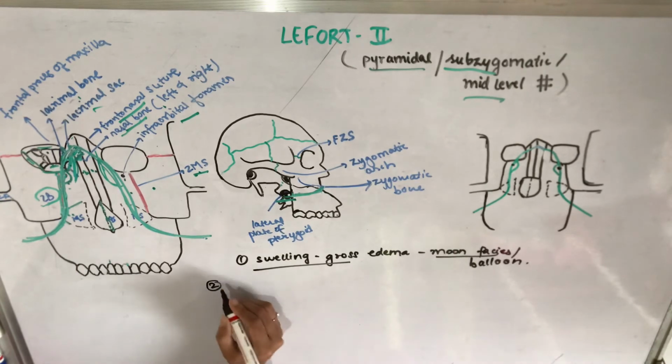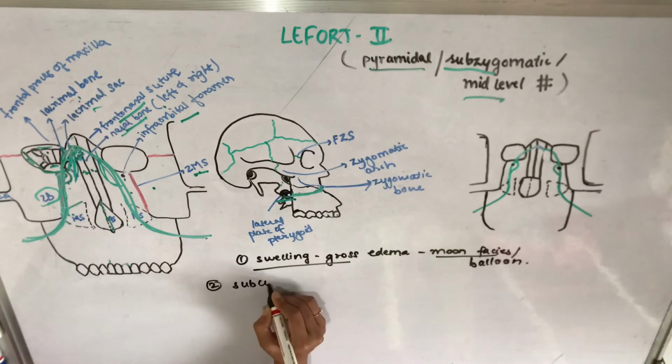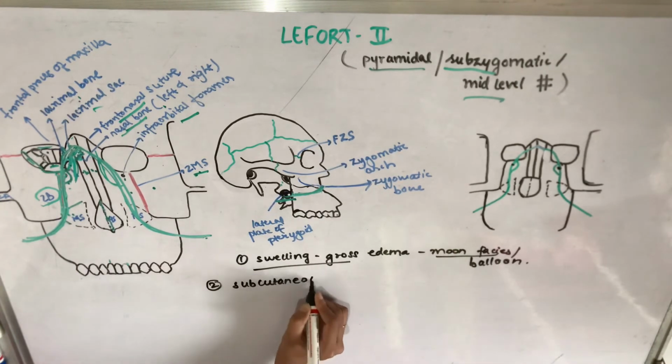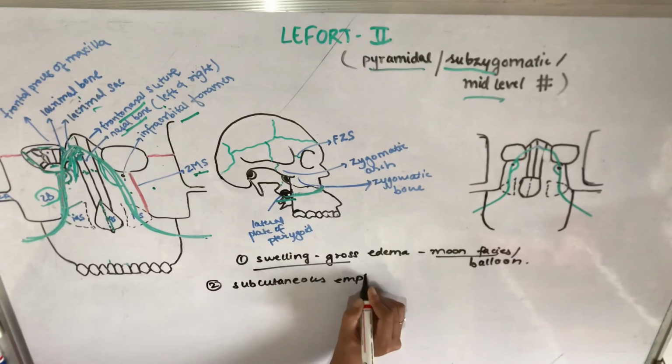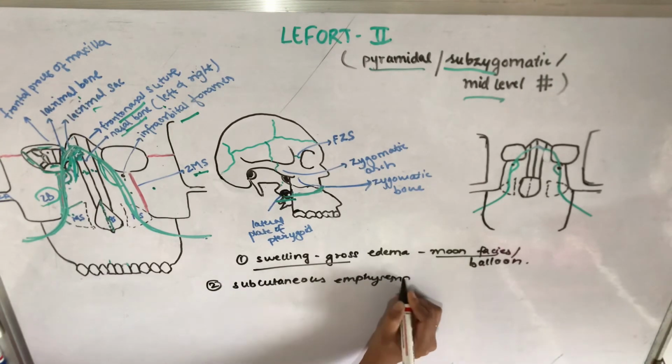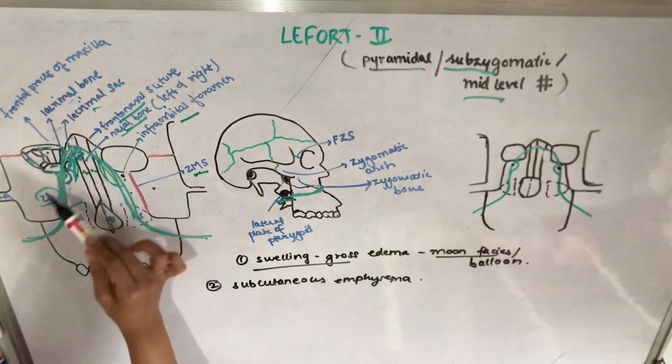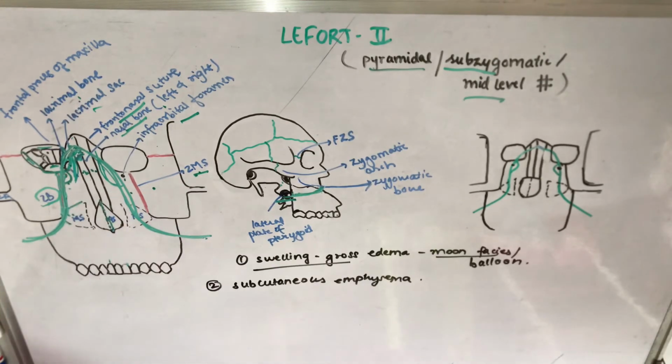The next point is you will see subcutaneous emphysema. This emphysema is often seen as the bulging of the skin, where when you are palpating the skin, you will see there is a crepitus formation. Crepitus is nothing but a crackling sound, which you will feel on palpation.